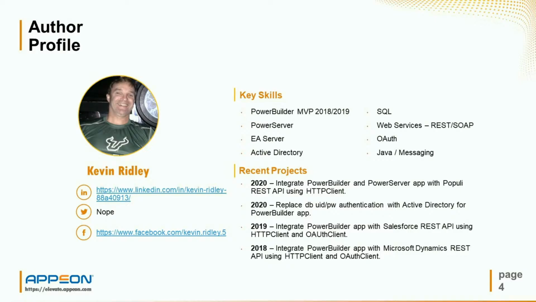Last year did a Salesforce project using their REST API with the HTTP client and OAuth client. In 2018, something similar with Microsoft Dynamics REST API, and that was in a PowerBuilder 2017 app using HTTP client and OAuth client.